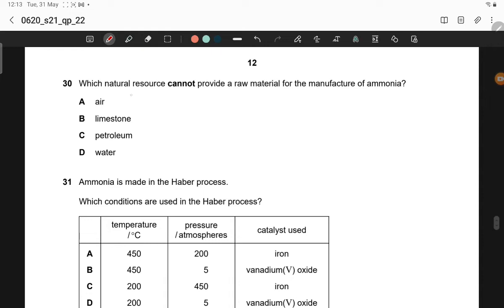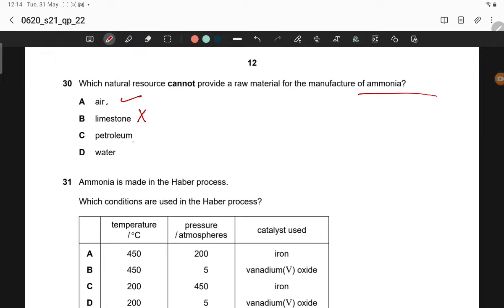Question number 30. Which natural resource cannot provide a raw material for the manufacture of ammonia? Air can be used because air is the source where we get nitrogen through fractional distillation, which is used in making ammonia.